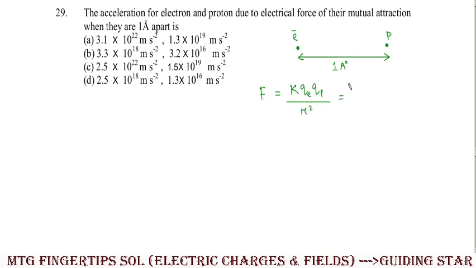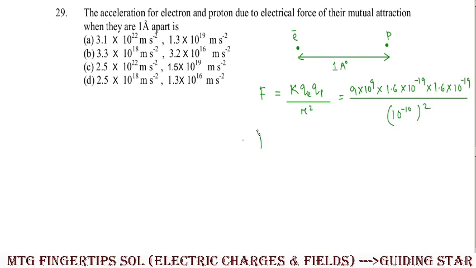That is 9 into 10 to the power 9 into 1.6 into 10 to the power minus 19 for the electron, 1.6 into 10 to the power minus 19 for the proton, divided by the distance of separation, 1 angstrom, that is 10 to the power minus 10 meter, whole square.